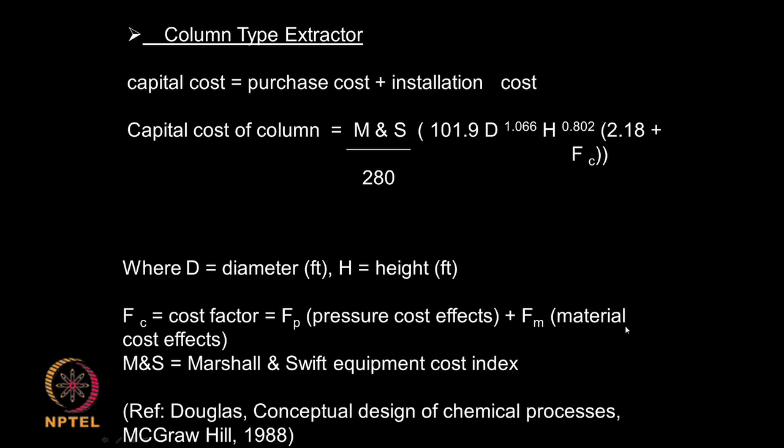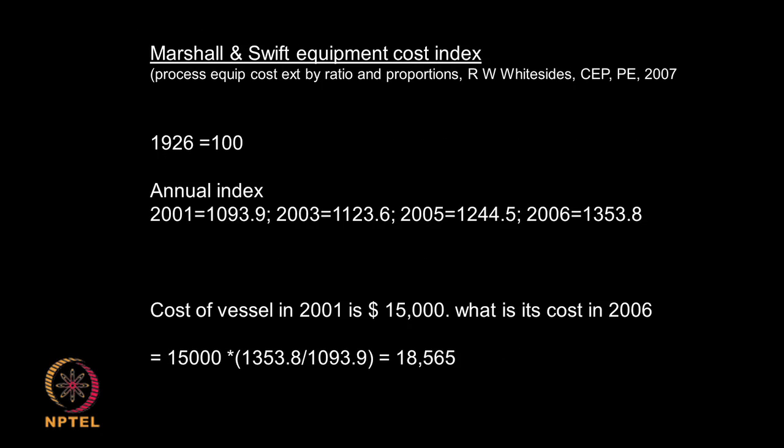Suppose if I am using very exotic material, cost goes up. If I am using mild steel, it is cheaper. If I am using atmospheric pressure, it is cheaper. If I am going to 10 bar pressure, then cost goes up. So, this cost factor takes care of these two terms, and M&S starts from the year 1926 as 100 and then keeps multiplying. As you can see, for year 2006 it is 1353.